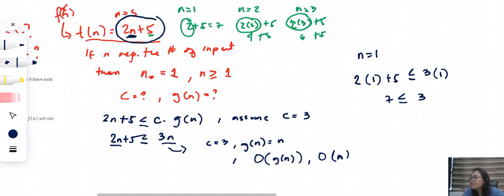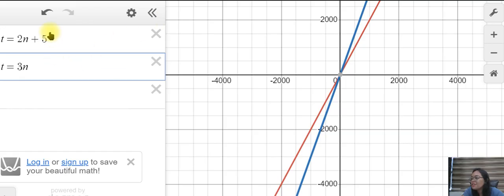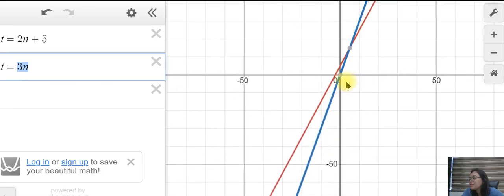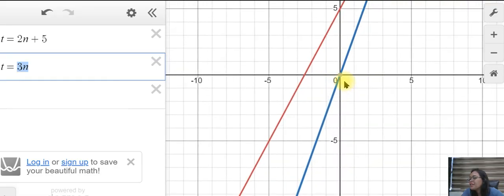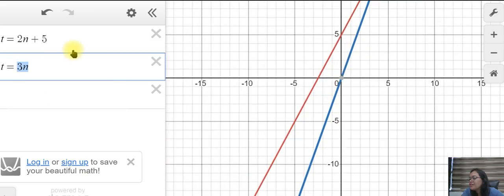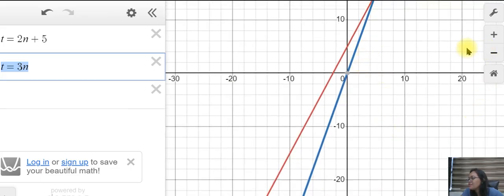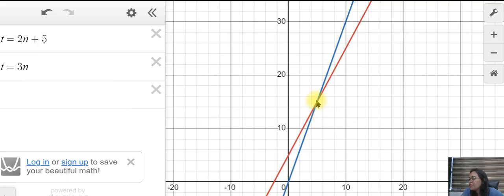So, if we graph 2n plus 5 and 3n, and then look at it, we can say that this equation, 3n, with the constant 3 and g of n being n, only becomes an upper bound if n is somewhere here.